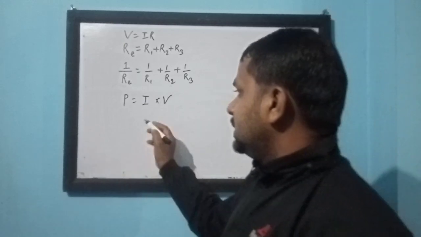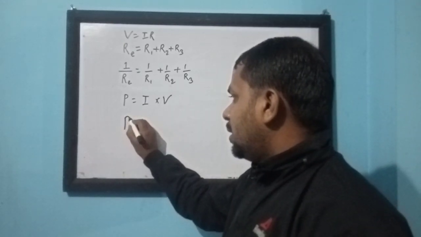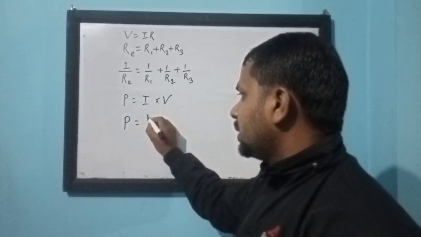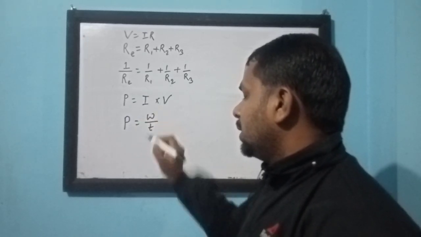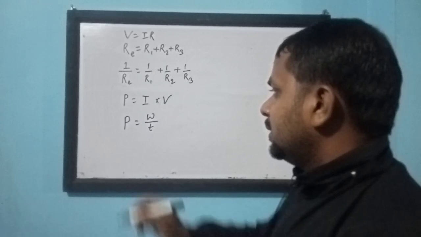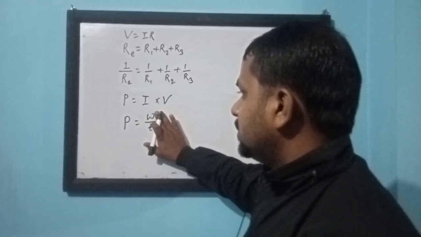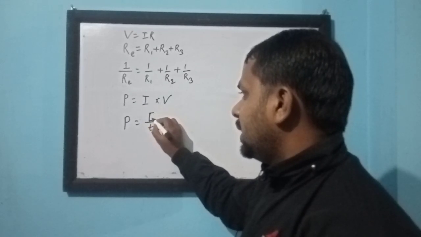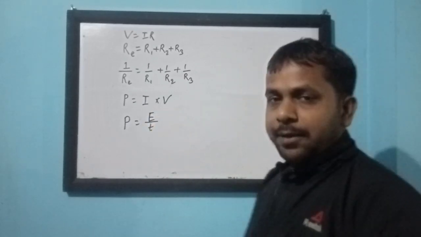Another formula is there. We know that power is equal to work by time, or also we can write the electric power is equal to energy converted per unit time. We can also write like this: energy by time.